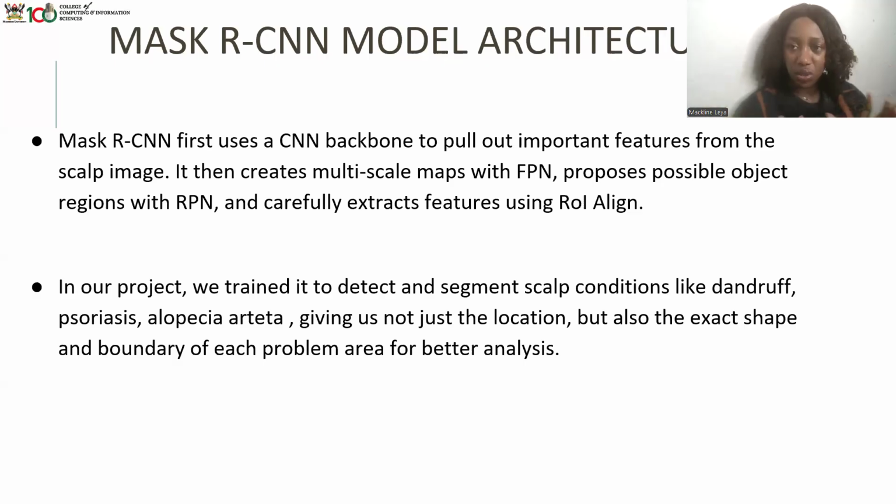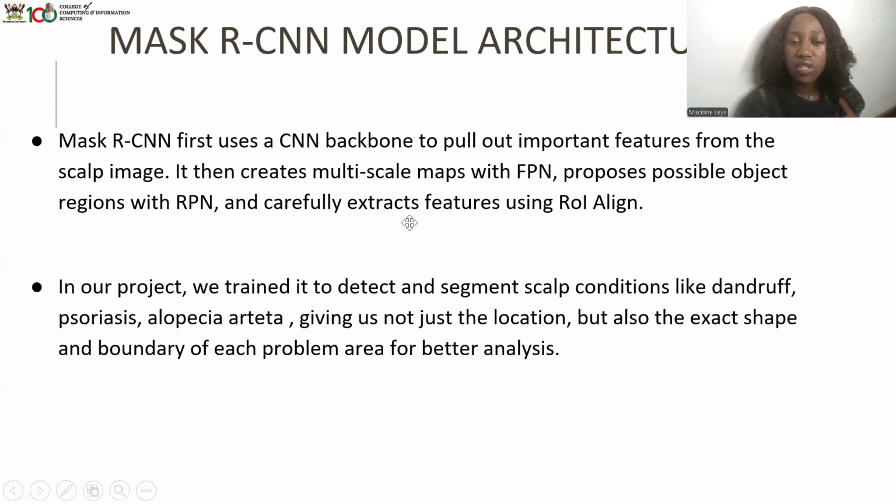Feature pyramid network, as you hear it, forms very many pyramids, or maps of different objects. Afterwards, it proposes the possible object regions with the RPN, and carefully extracts features using the region of interest align.